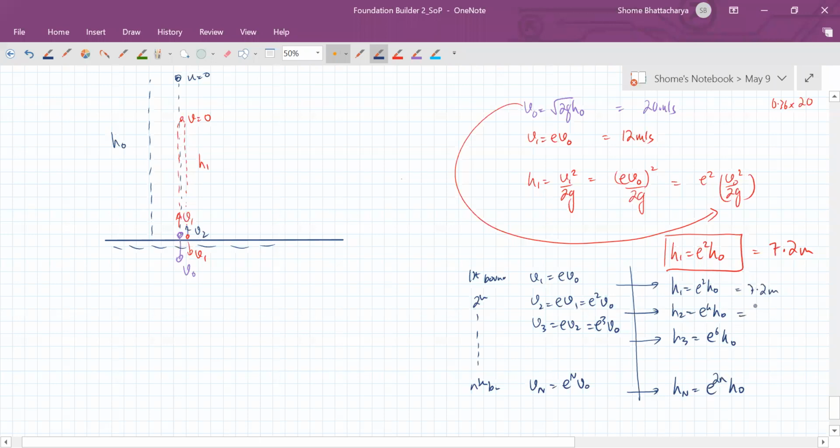Okay. So this will be 0.36 into 7.2. So that kind of progression it will form.